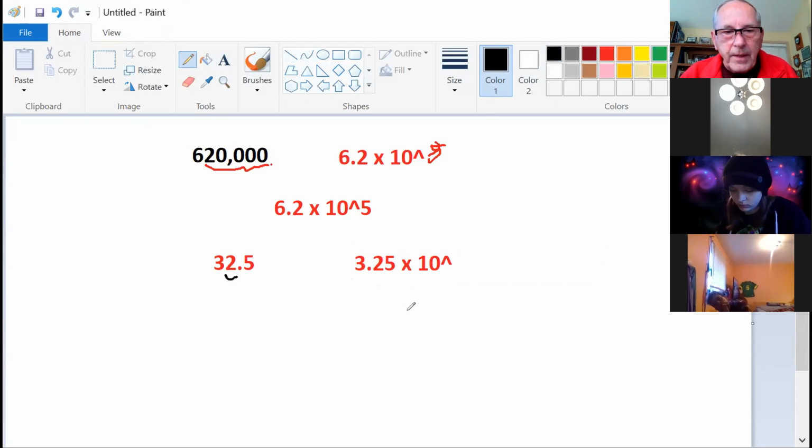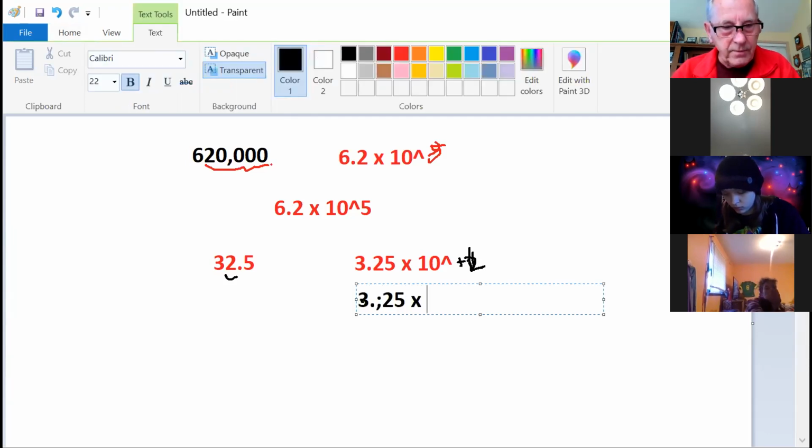And so 3.25 times 10, I moved it over 1 to the left. So this becomes 10 to the negative 1. Or excuse me, 10 to the positive 1. I get confused here. That's a 1. Let me do this again. All I did was move it over one spot.